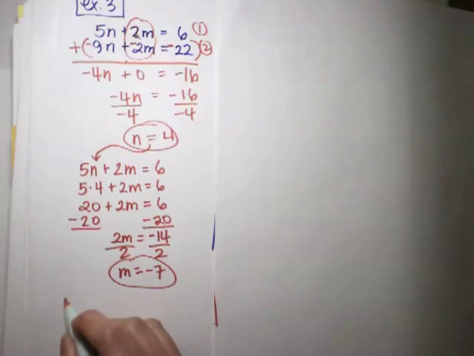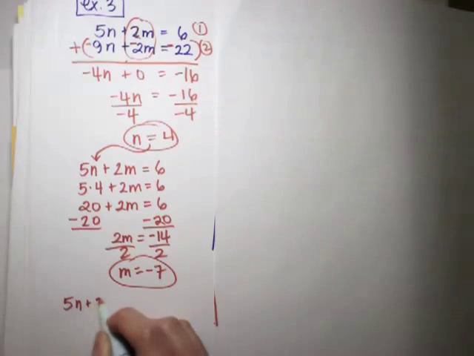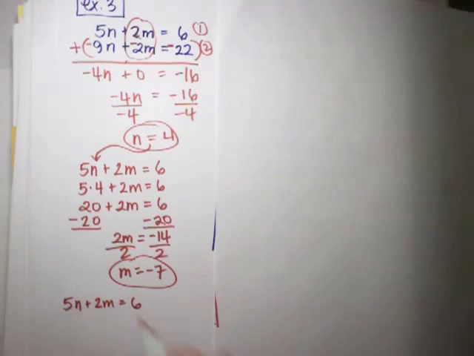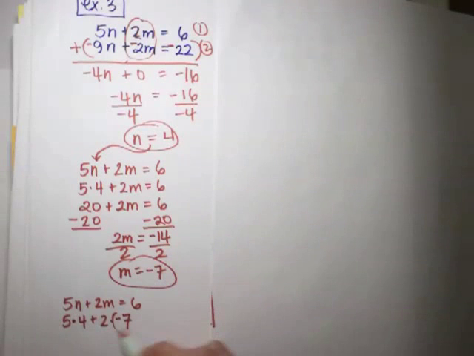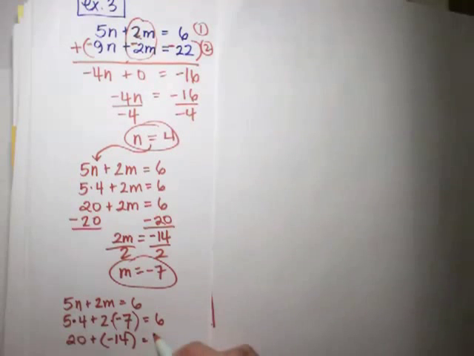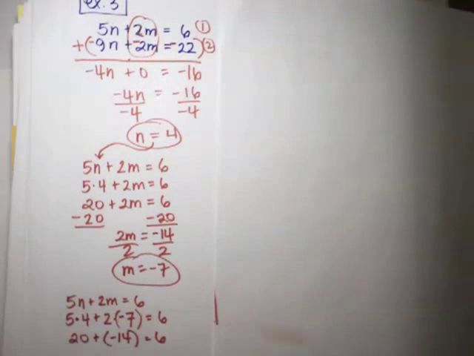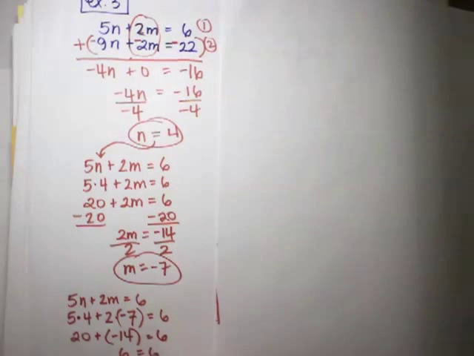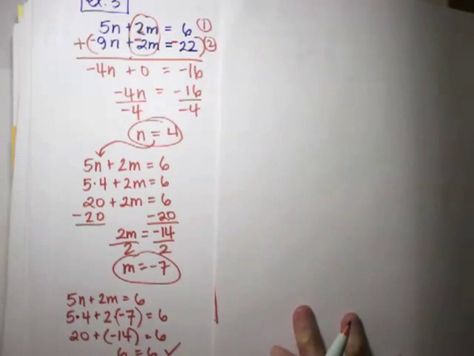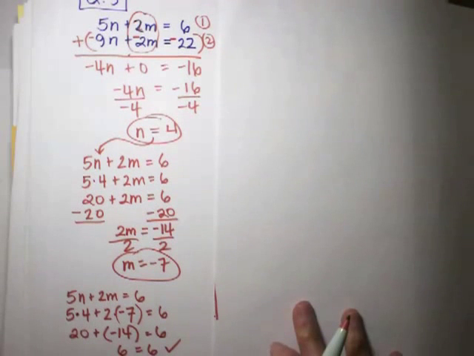We have 5n plus 2m is equal to 6. So we have 5 times 4 plus 2 times negative 7 is equal to 6. And 20 plus negative 14 gives you 6, so that checks out. Now we substitute it back into our second equation.